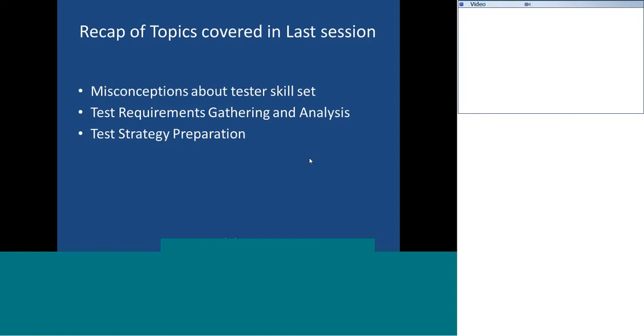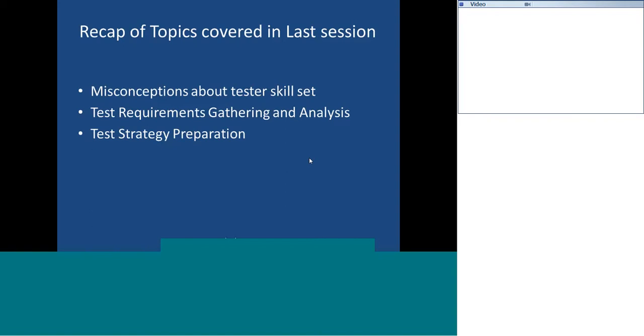Once the requirement analysis is complete and everybody is clear about the requirements, the next step in the testing lifecycle is test strategy preparation. Test strategy is a very high-level document, which can be an organization level or a project level document.